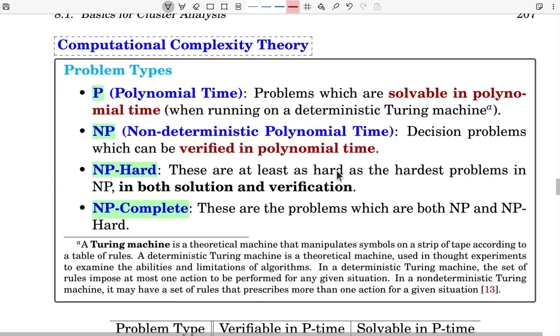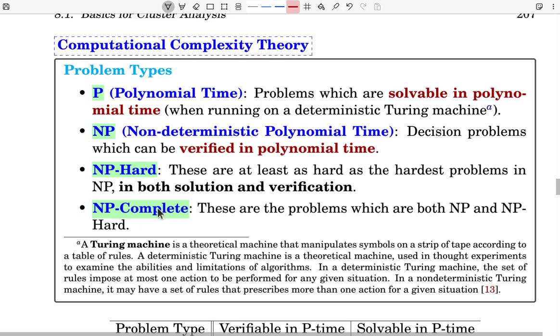Okay. Here, this is computational complexity theory. In the theory, there are four types of problems. Here, P-type problem, and P represents polynomial time. P-type problems are problems which are solvable in polynomial time when running on a deterministic Turing machine. The Turing machine is a theoretical machine.